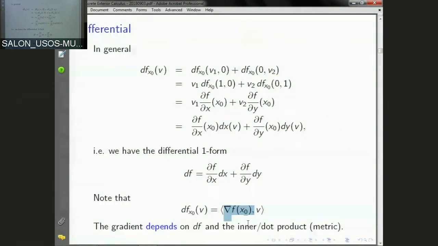So if we change the inner product to a different inner product, that vector will change. So the gradient depends also on the metric. The only point I'm trying to make here is that the truly original concept for the derivative is the differential, not the gradient. So we are going to work with differentials.